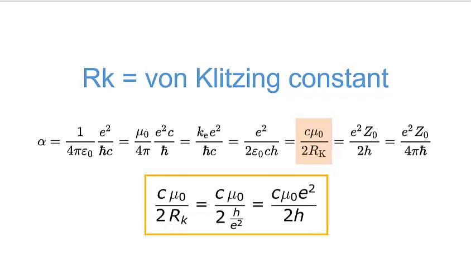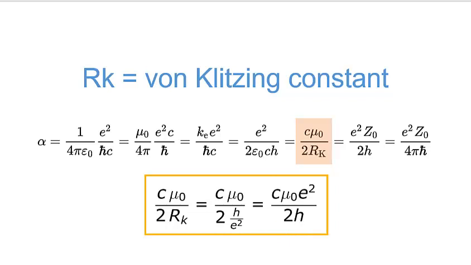So the next thing I want you to notice is that some of these terms are written in terms of h bar, which is reduced Planck's constant, and some of these constants, like the one I just derived, and this one, are written in terms of unreduced Planck's constant, or h.